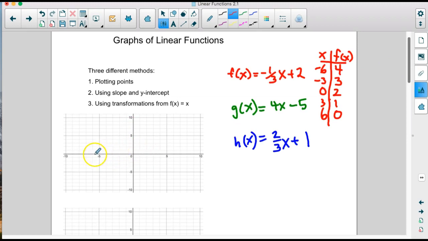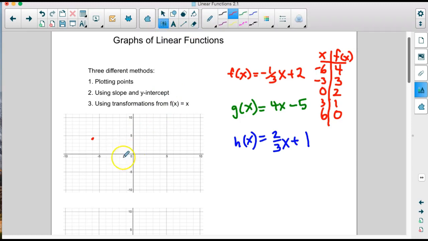So we go to -6, 4, we plot the point, -3, 3, plot the point. -3, 3, it's right here. Okay, graph's a little small.